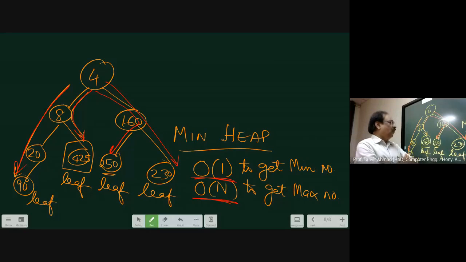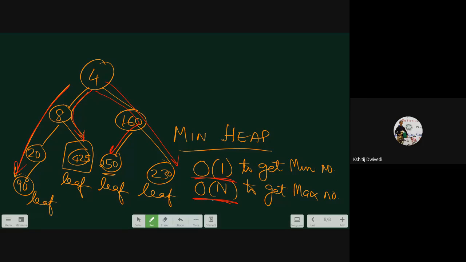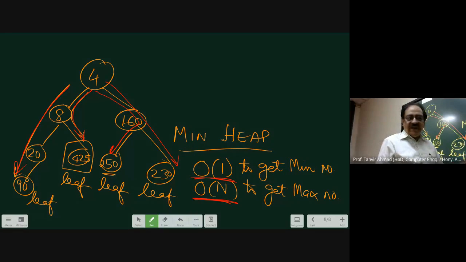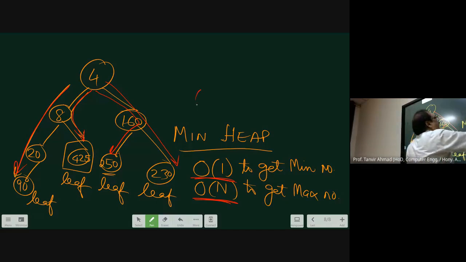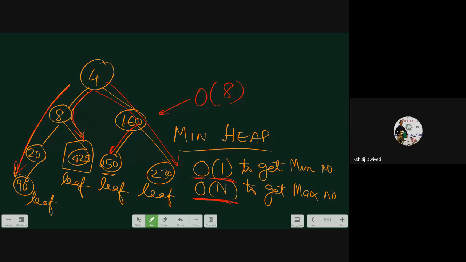No, see, because 8 elements are there, we have to search each and every element. So that's why, instead of order of n, what do we write? Order of 8. See, order of 8 is only for this particular problem. Yes, sir. I am also concerned about this particular min heap only, not the general case. So that's why I said O of 8.